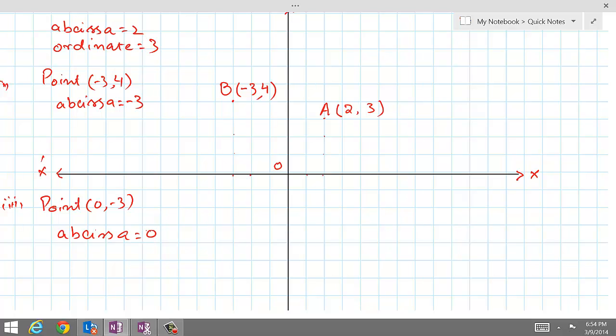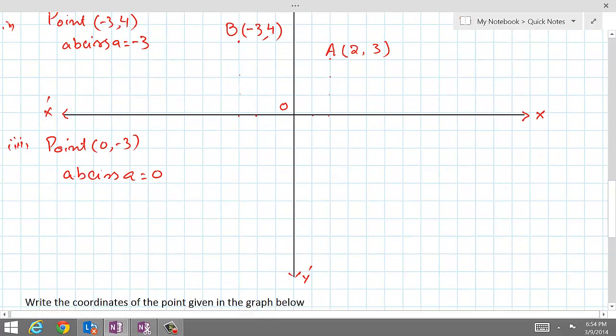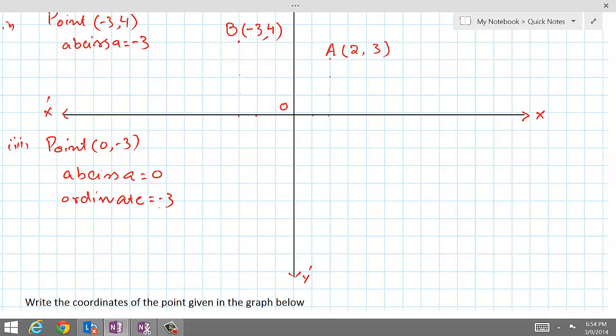We are not going to move toward left or right. There will be absolutely no distance traveled along the horizontal positive x-axis or negative x-axis. So we stay where we are at the origin, and then the vertical distance, called the ordinate, will be equal to minus 3, and that tells us that we are going to move 3 units down.